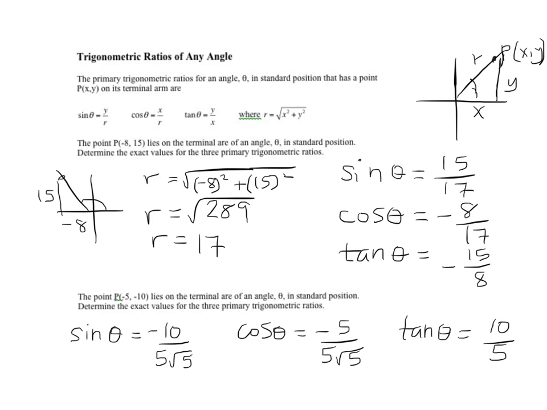When you do that, you end up with an answer of negative 2 root 5 over 5. Negative 5 over 5 root 5 simplifies to negative 1 over root 5, but then do the same thing, rationalize it. So it becomes negative root 5 over 5. And then the last one simplifies to 2. Yeah, 2 over 1, or just 2.